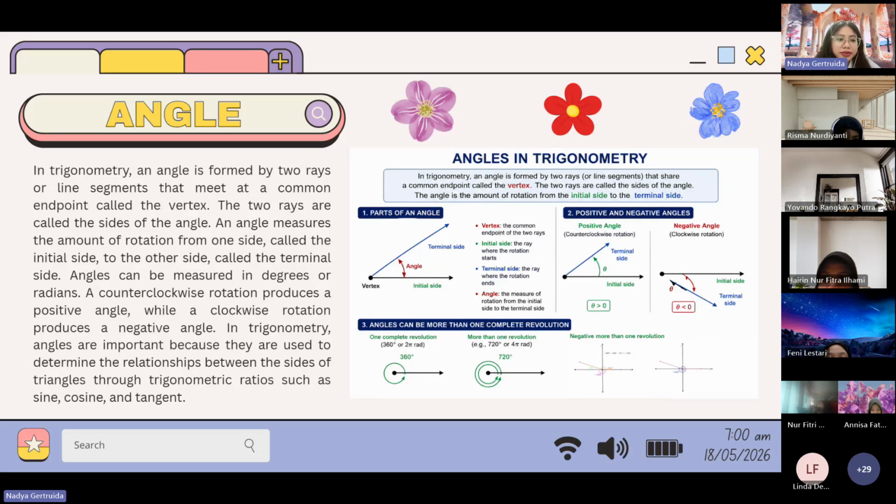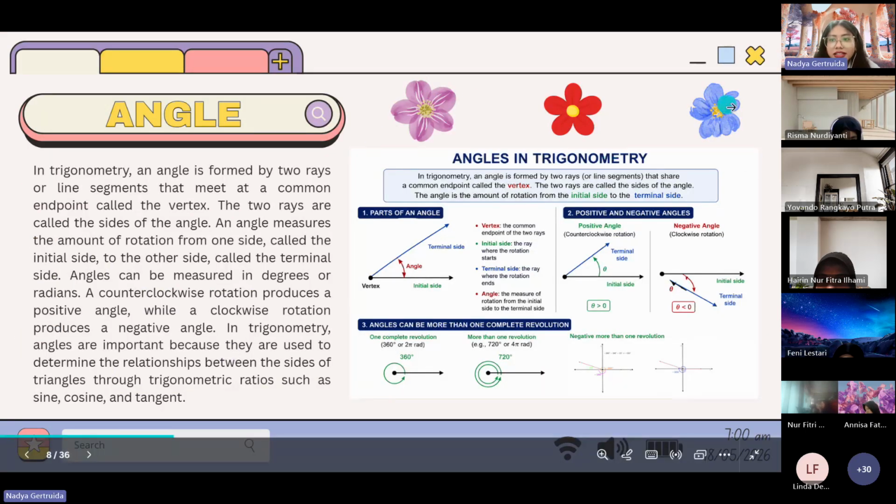Angles can be measured in degrees or radians. A counterclockwise rotation produces a positive angle, while a clockwise rotation produces a negative angle. In trigonometry, angles are important because they are used to determine the relationship between the sides of triangles through trigonometric ratios such as sine, cosine, and tangent.